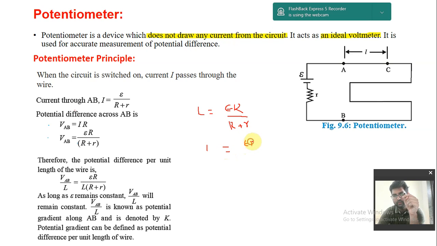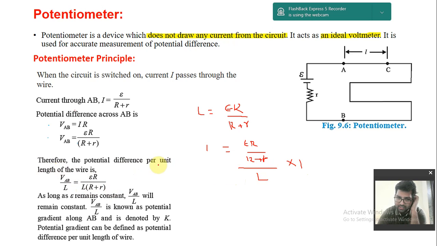Epsilon R upon (R + r), and we will divide by L, that is, multiply by 1/L. So the denominator will become E R upon L into (R + r).